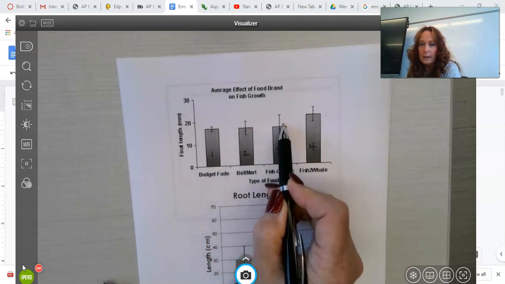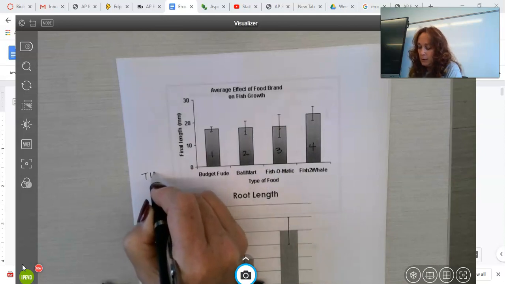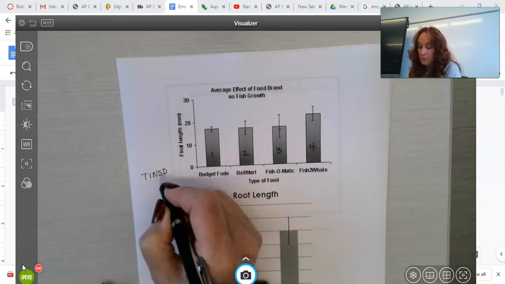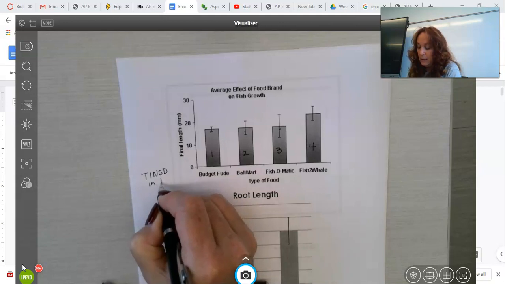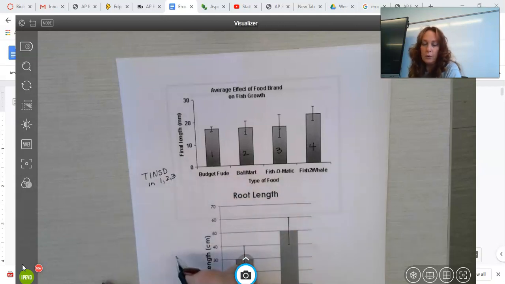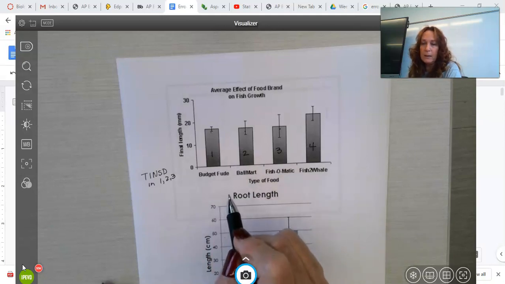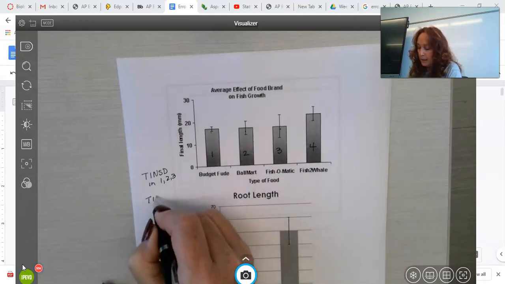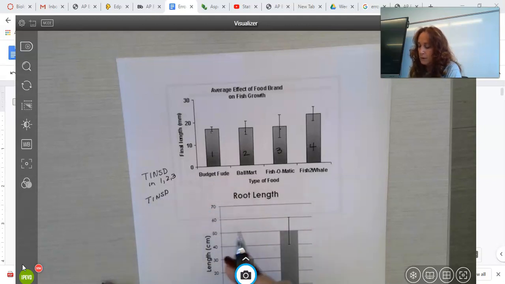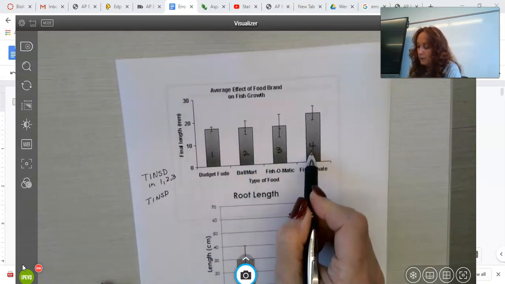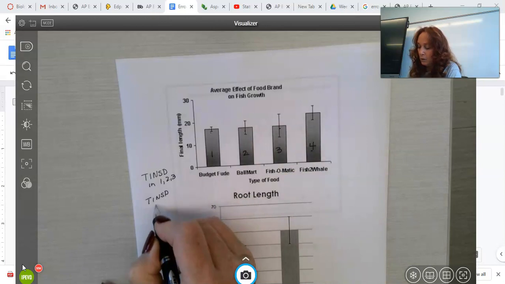All of these overlap. So there is no statistical difference, no significant difference in 1, 2, or 3. Don't try to sell me 3 and tell me it's better than 1 or 2. It's not. Also, I can say that there's no difference between 2, 3, and 4 because they all overlap.